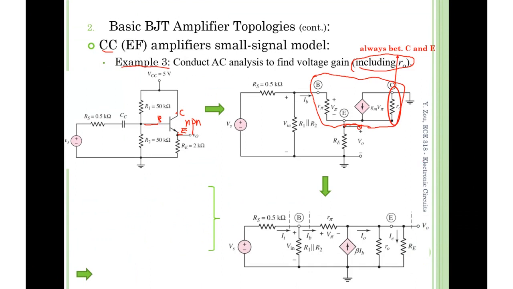Of course, that step is not necessary; if you don't do that, that's fine. And here, emphasizing again, R naught is always between the collector and the emitter, just like R naught is always between the drain and the source. It has nothing to do with where the ground is. You need to be very clear on that.